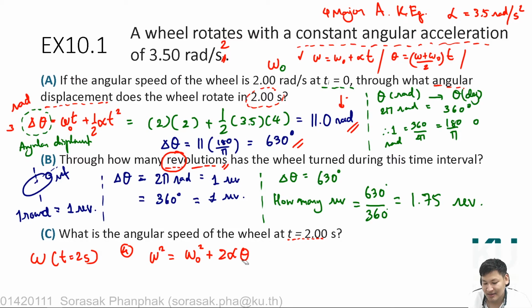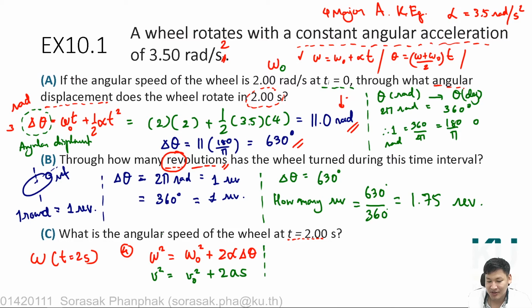If you write down the angular displacement, it is similar to v squared equal to v0 squared plus 2as. We already know all this information. We would like to determine the angular speed, so you can find this by substituting all information in.